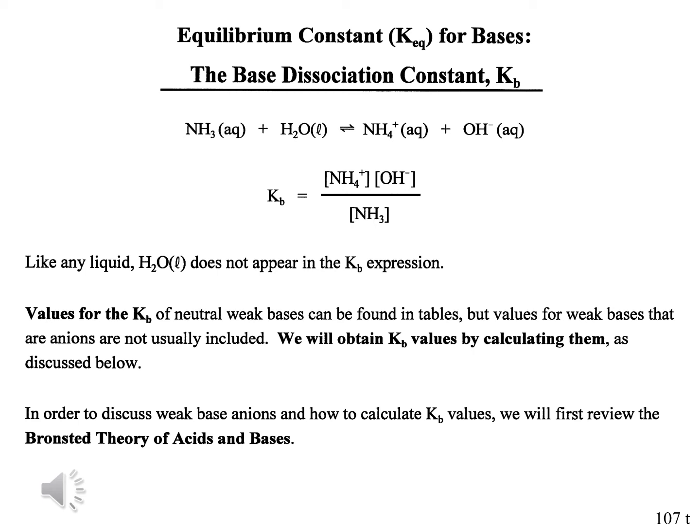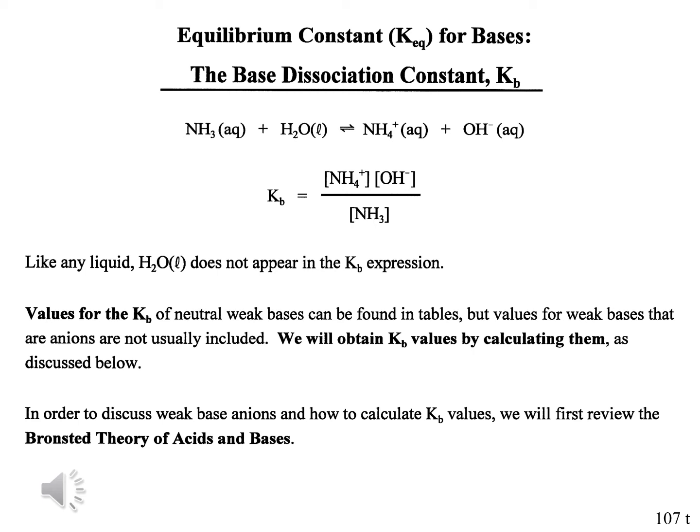Now the thing is, for doing problems where we calculate the pH of a weak base, you need to get values for Kb. And you can find tables that have these in them, but they usually only put in neutral ones like ammonia, and there's a whole bunch of neutral ones in organic chemistry. But the only one we would put in a neutral table was NH3, because most of our weak bases are actually negative ions. So what I want to do is, I don't want to give you a table of Kb's.